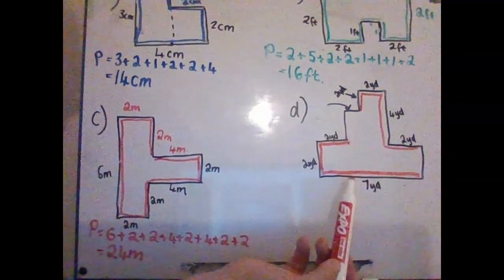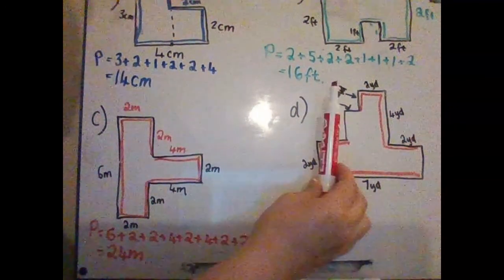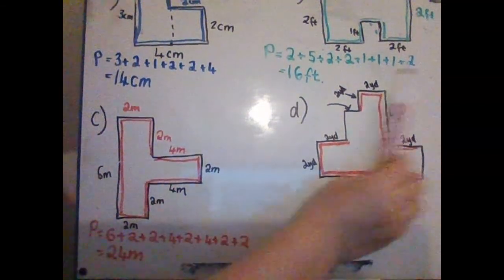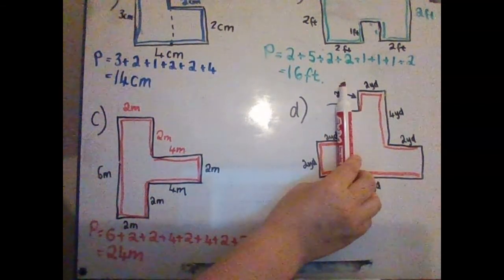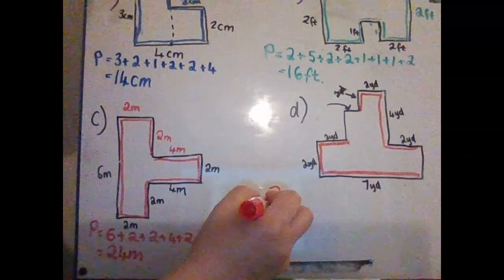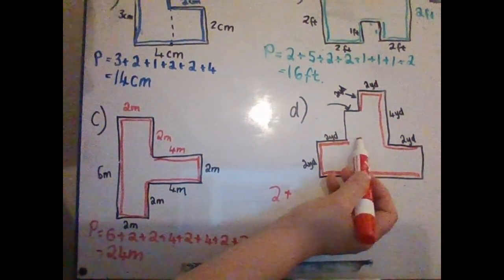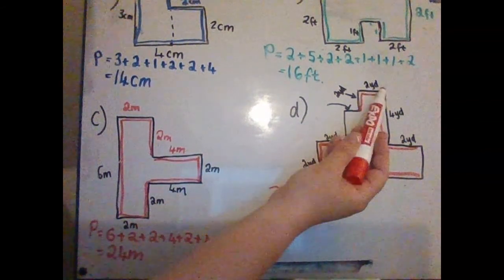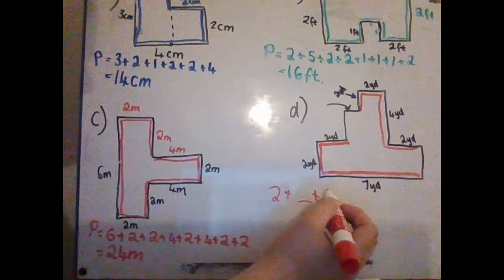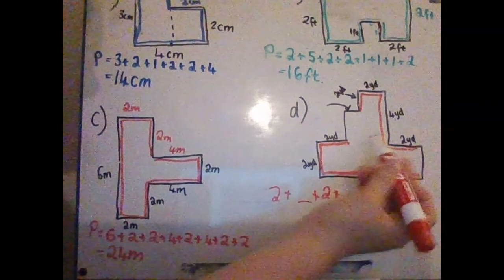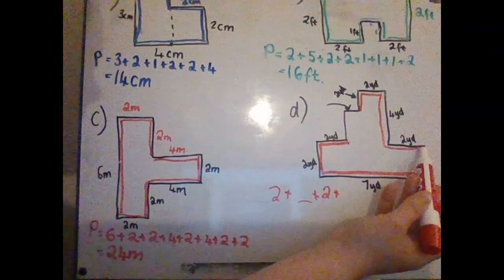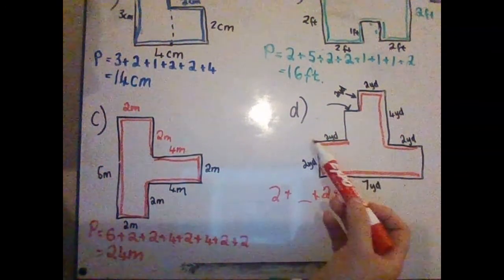Okay. So again, if this whole bottom is 7 yards, that means from here to here is 7 yards. So if I go along, there's 2 yards. 2 yards, add, I don't know what this bit is here, but I know this is 2, so add a blank, add 2, add another blank, another 2, which is 2, okay?